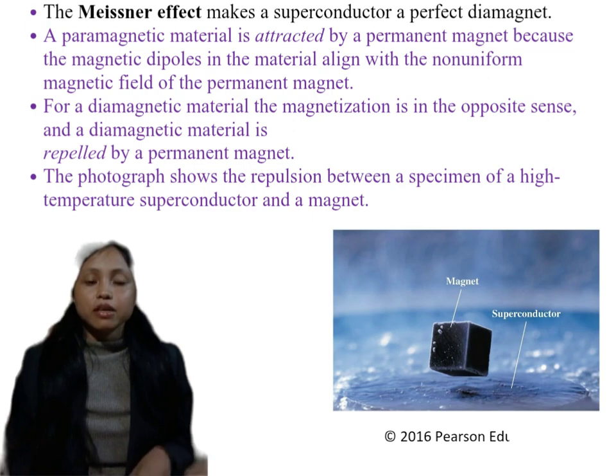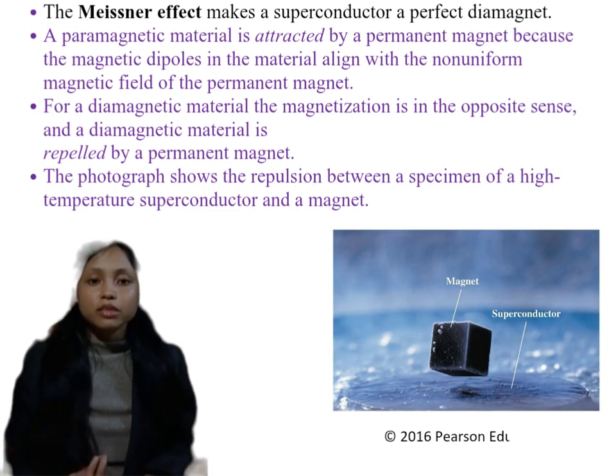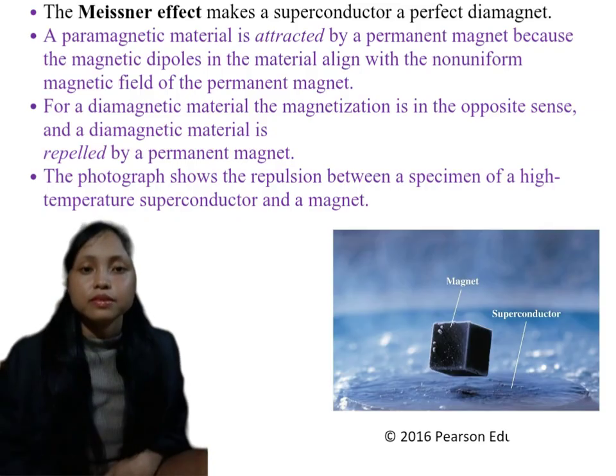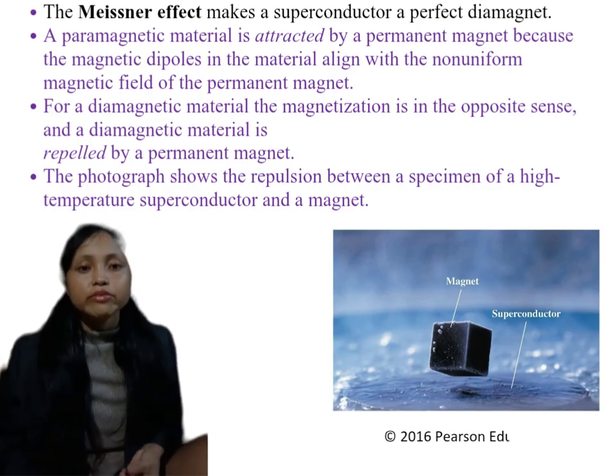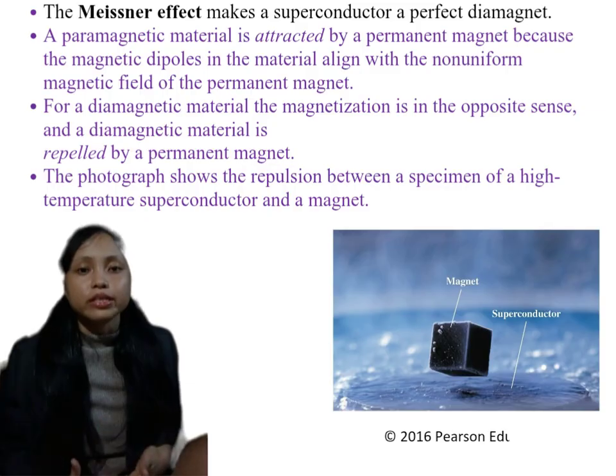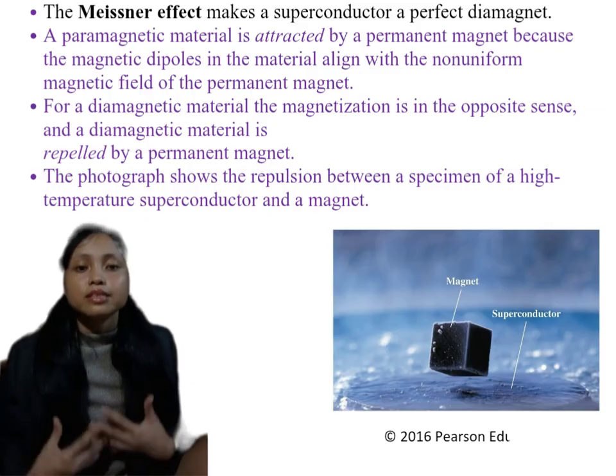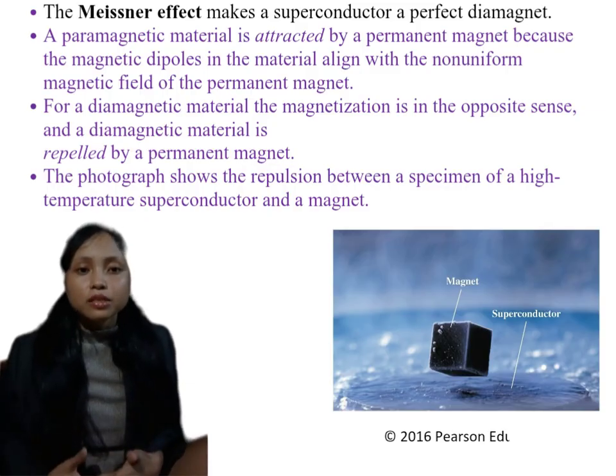This happens because the magnetic dipoles inside the material tend to align with the external magnetic field, especially when the field is non-uniform. A diamagnetic material, on the other hand, responds in the opposite way. Its induced magnetization points opposite to the applied magnetic field, causing it to be repelled by a magnet.